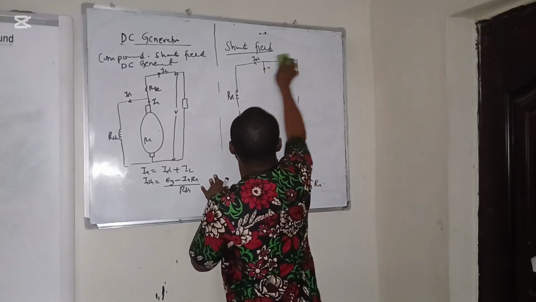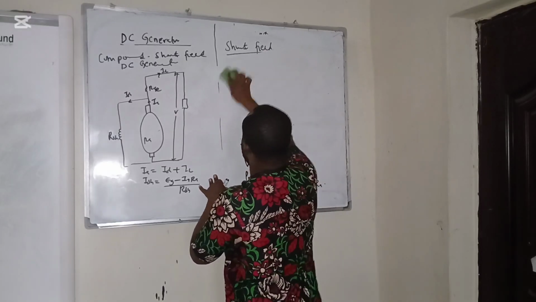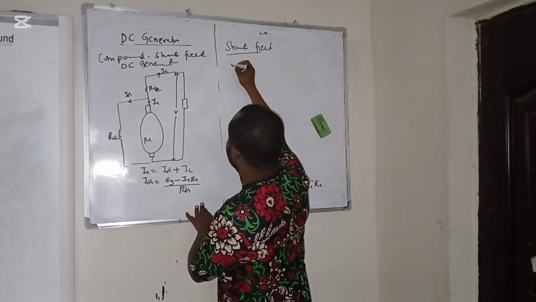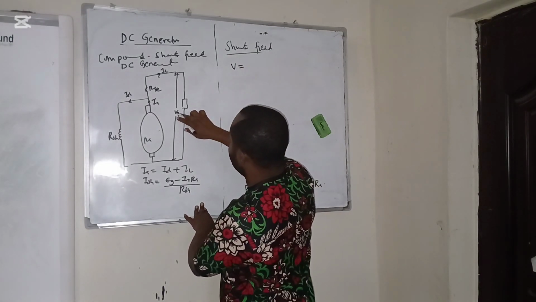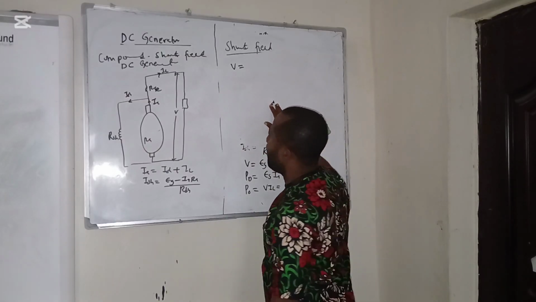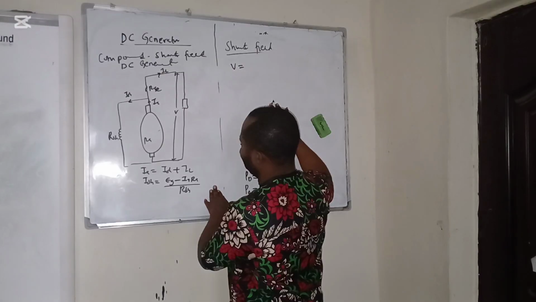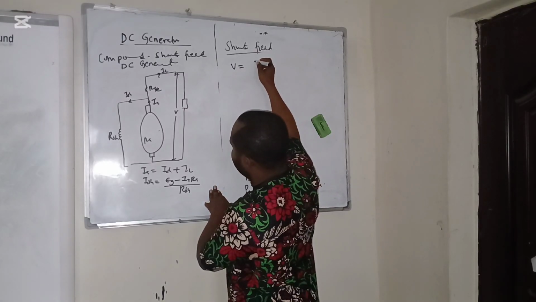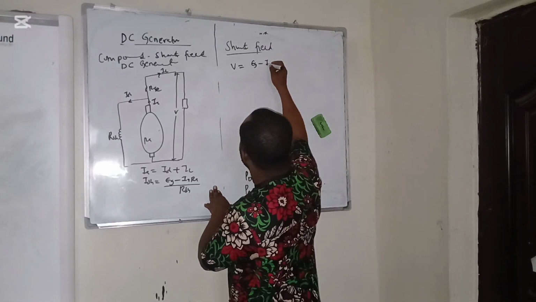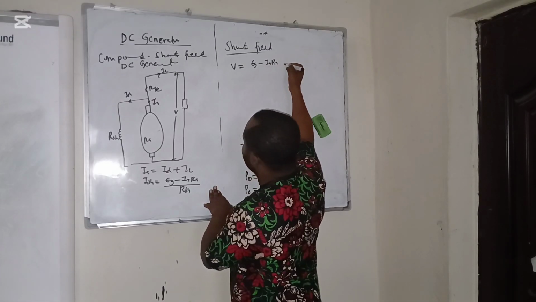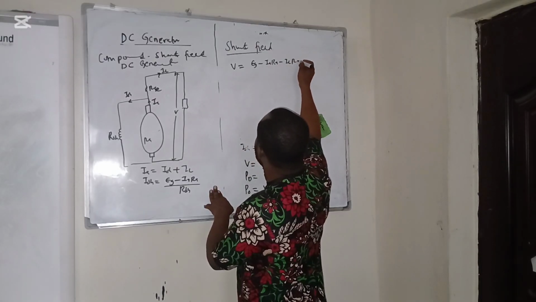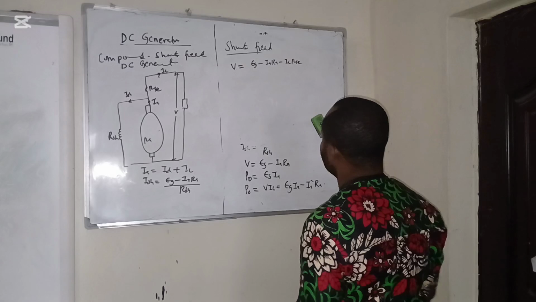We have also V. V is actually the terminal voltage, which is actually this minus this.